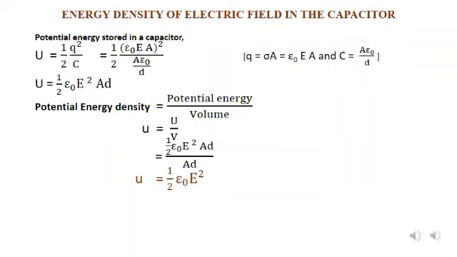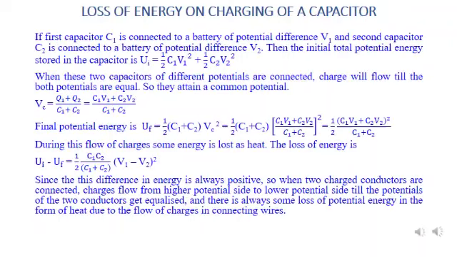Thus, small u equals capital U divided by V. Now substituting the expressions of capital U as well as V, we get small u equals half epsilon 0 E square A d divided by A d. So potential energy density stored in the capacitor is small u equals half epsilon 0 E square.